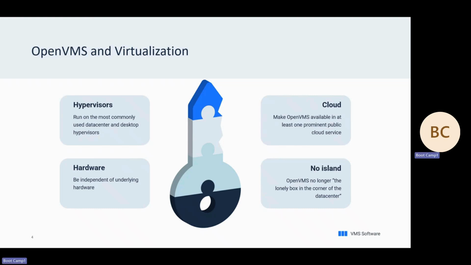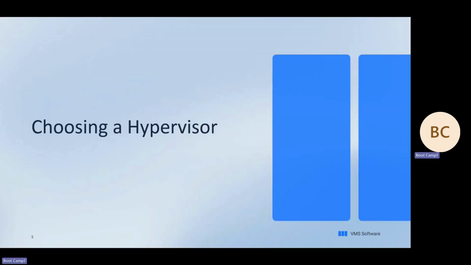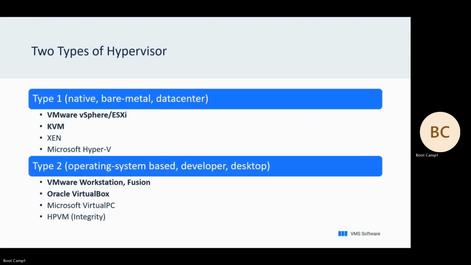So how do you choose which hypervisor to run on? There are two different types of hypervisor. There are type 1 hypervisors, also called native or bare metal hypervisors. These are the hypervisors which you typically find in a data center.